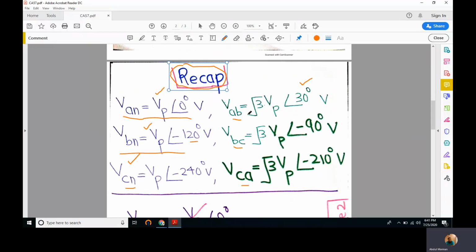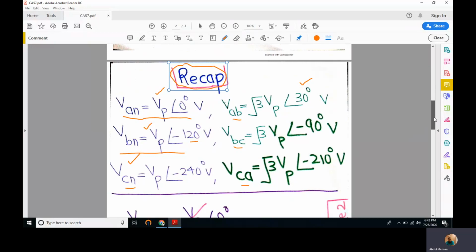Or in other words, VBC is 120 degrees lagging VAB, and VCA is 120 degrees lagging VBC. So these three set of voltages form a balanced three-phase system, and the requirement of a balanced three-phase system is also fulfilled by this set of line voltages too.